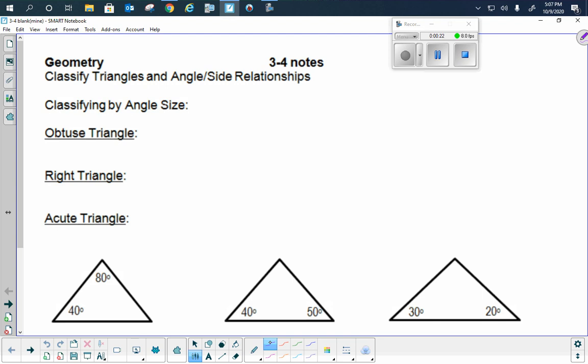So an obtuse triangle is a triangle in which one angle is obtuse. Don't forget, obtuse means somewhere between 90 degrees and 180 degrees. So if X were our angle, we're talking about one angle is obtuse.